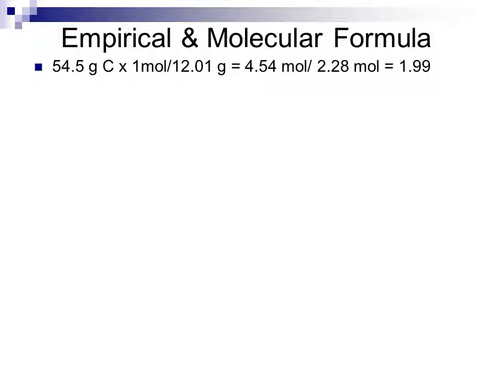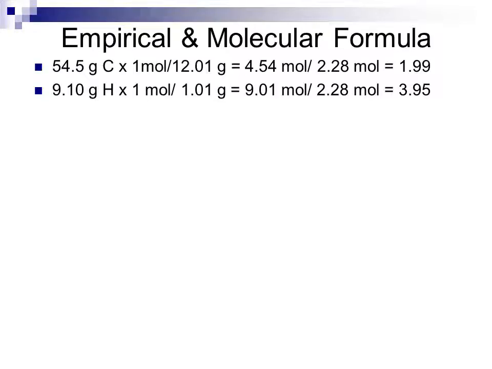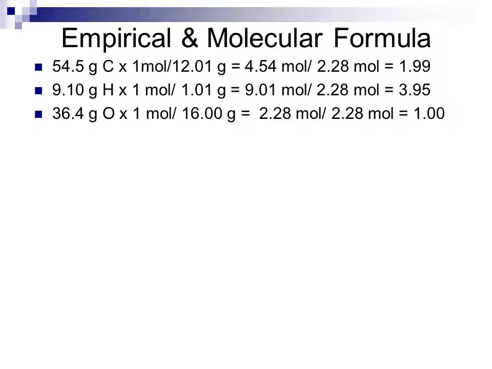Now that I know the molar mass, I can use the percentages to calculate an empirical formula by determining how many moles are in each percent if we express this sample as being 100 grams. So 54.5% carbon becomes 54.5 grams, 9.1% hydrogen becomes 9.1 grams, and so on for oxygen.